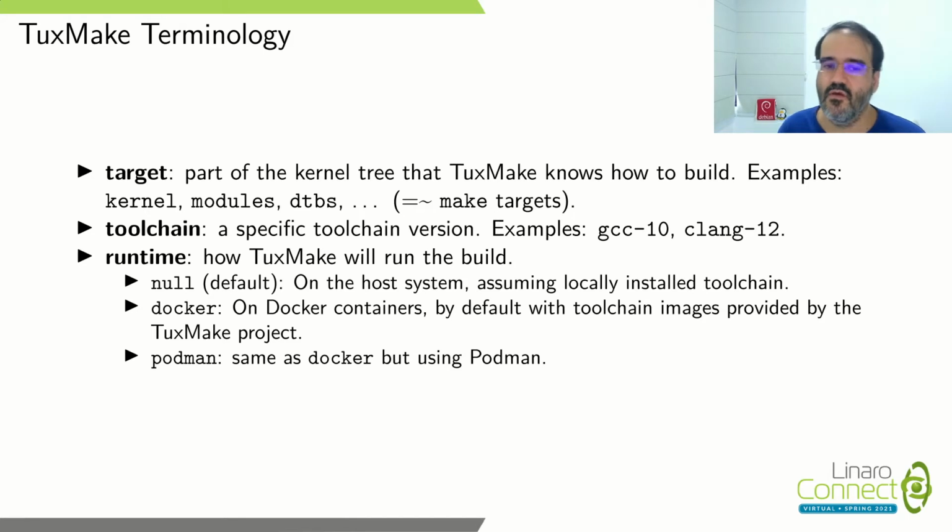So if you say toolchain GCC 10 and runtime Docker, then TuxMake is going to download the GCC 10 Docker image and then run your build using that image so that you have the exact same GCC 10 that everyone else using TuxMake gets when they use GCC 10.